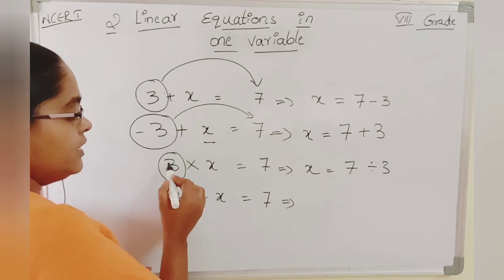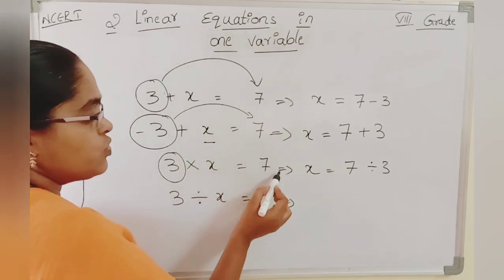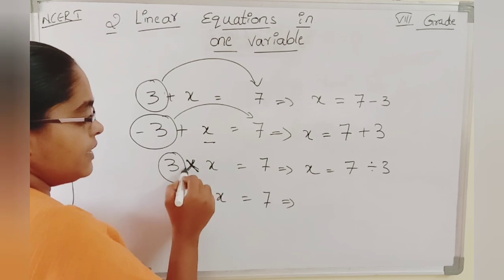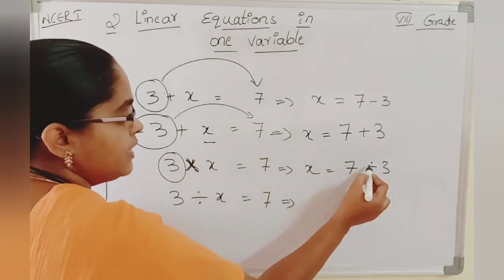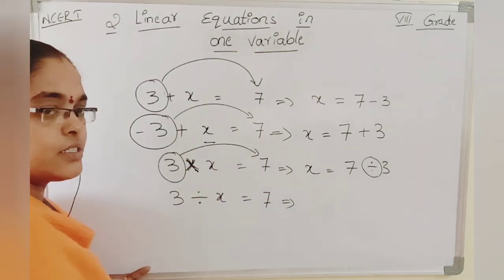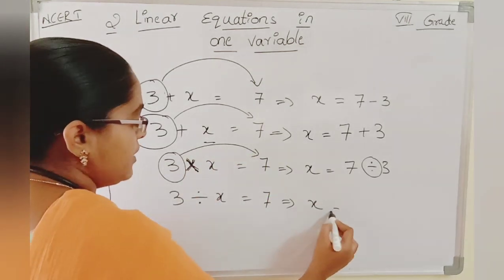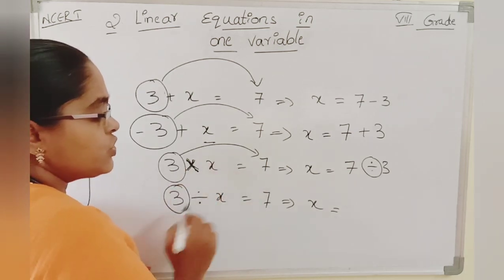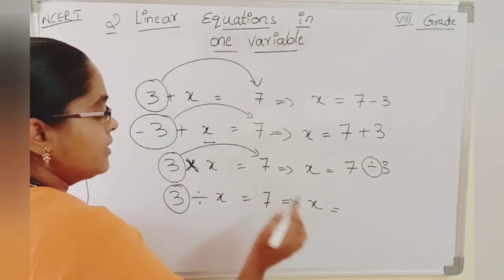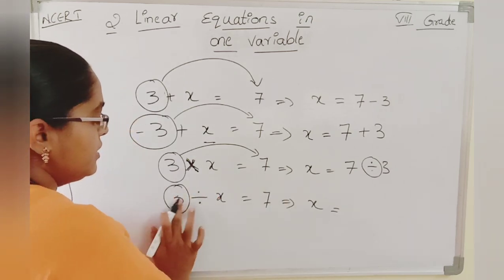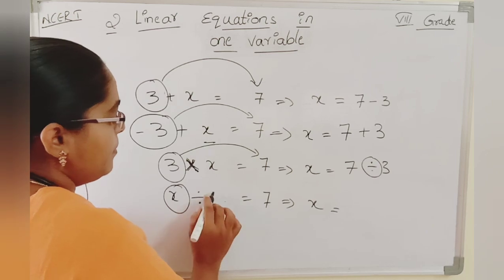If you are sending any number from LHS to RHS, and in LHS the number is in multiplication, then it becomes division when we are sending the number from LHS to RHS. Likewise, when you are sending any number from LHS to RHS, then the division becomes multiplication. What is that? The division becomes multiplication.